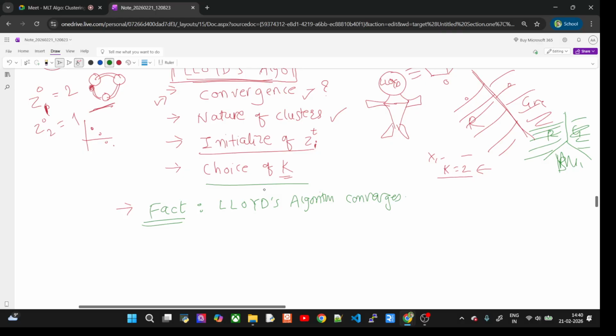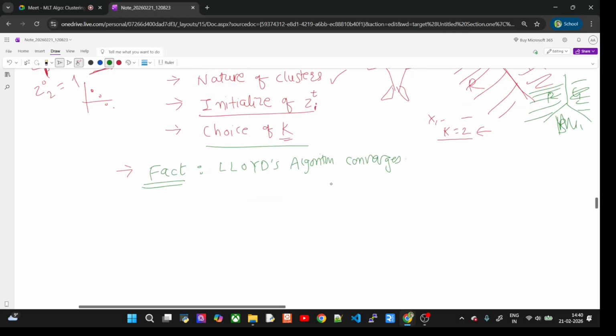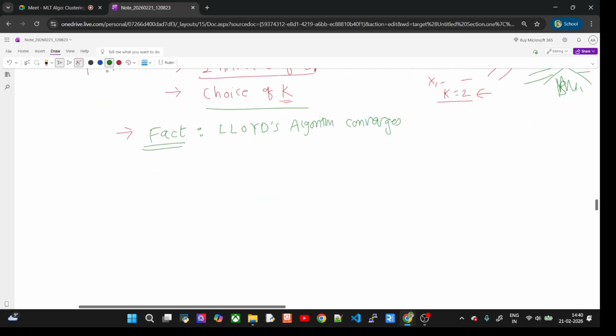You have two options, yes or no. The answer is yes. Any question till now? It's a small derivation, but a little important for Lloyd's algorithm. So we'll go to the first point, that is convergence.